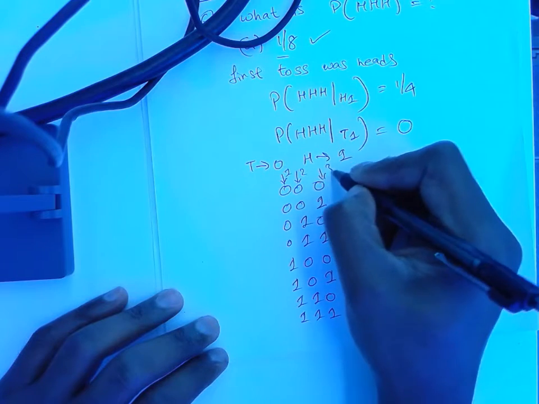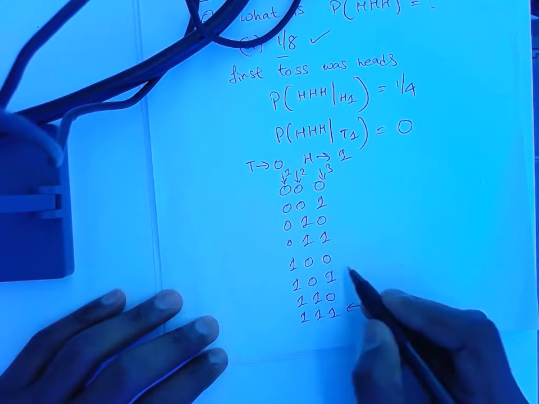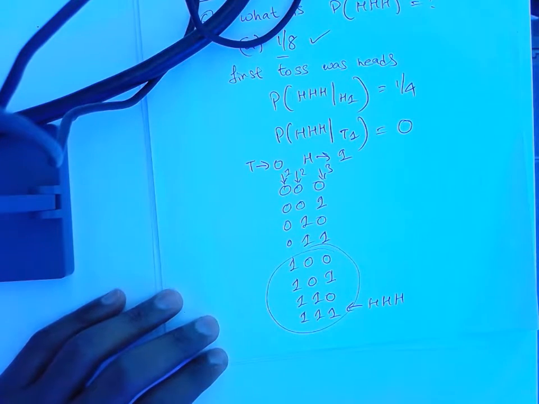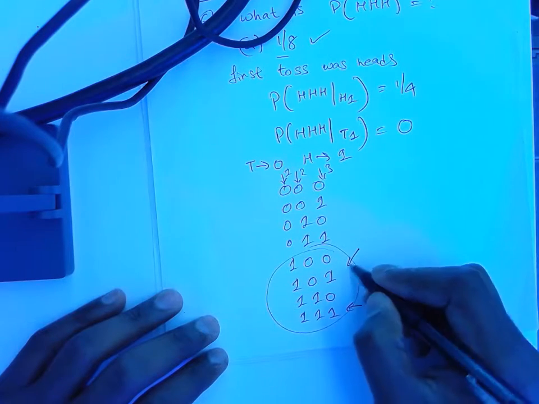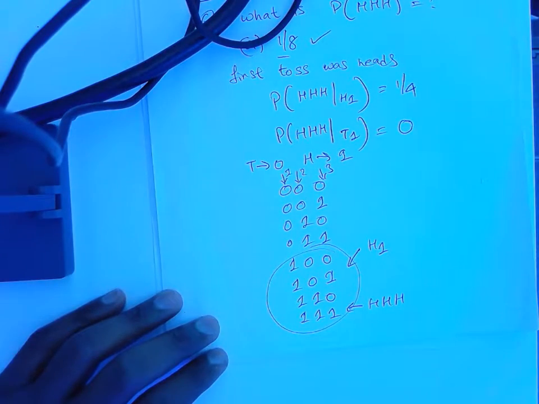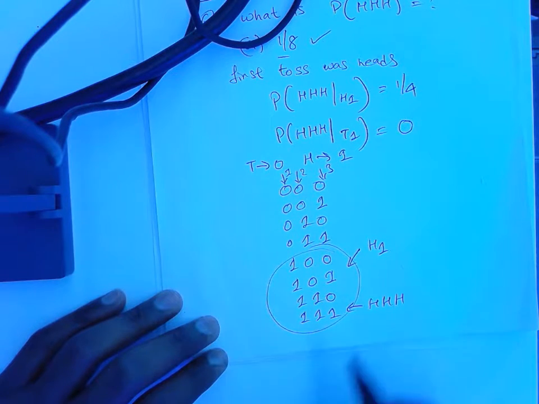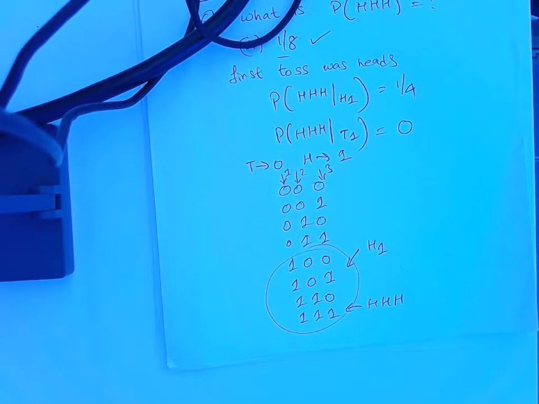So that means when somebody says that to you, that event is made of these 4 outcomes, right? So these 4 outcomes, viewed as a subset, is H1. Everybody agree with me? Okay, so that's H1. And then when somebody is telling you the first one was a head, that means you're only looking at these 4.